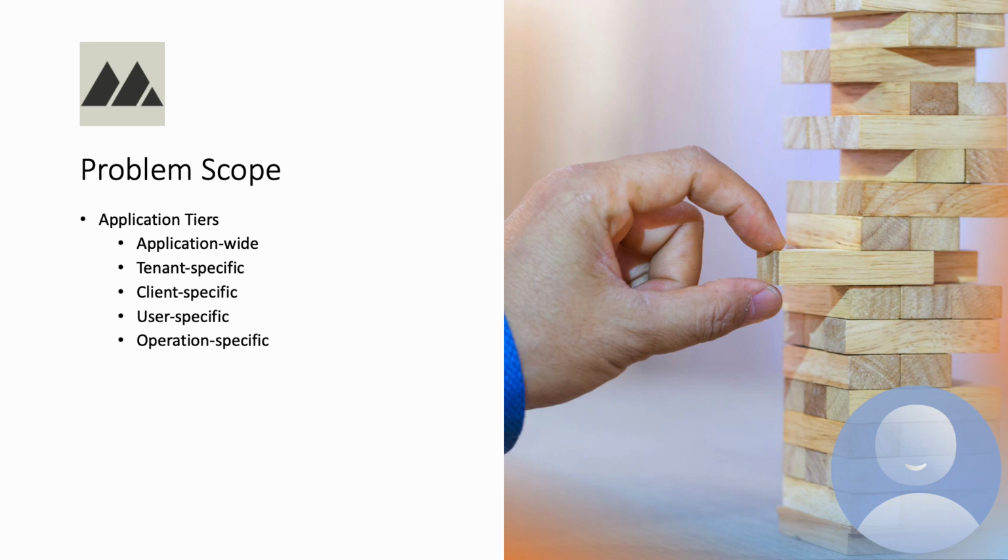Whether the application is a multi-tenant SaaS system or something used internally, let's say by a business team for their own purpose, the shortcomings, like the one I defined earlier, can occur at any level, whether there is a frequently changing requirement that impacts application-wide behavior or one that requires something different, say, for each active user within the application. The problem is the same, but it may occur at any level within the application.